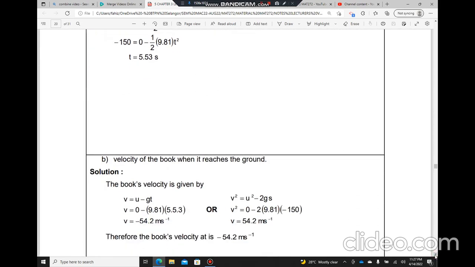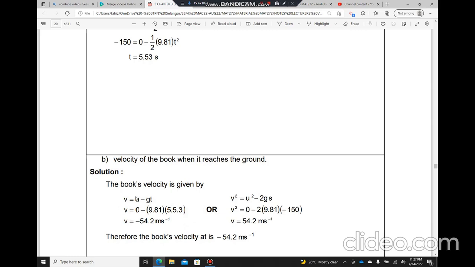Okay, velocity of the book when it reach the ground. Okay, kelajuan tu bila dia buku tu sampai ke tanah. So you can use either formula V equals to U minus GT or V square equals to U square minus 2GS. So either one lah. Dekat sini 5.53 bukan 5.5.3 so you will get the same answer here.